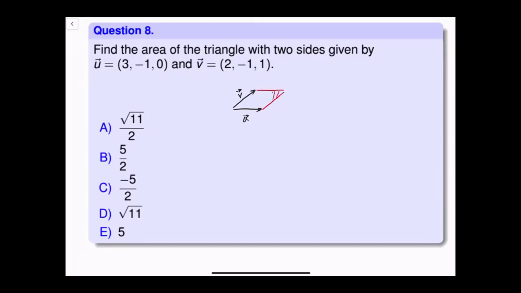And the area of that parallelogram defined by u and v is equal to, so this is a formula that you have to keep in mind.